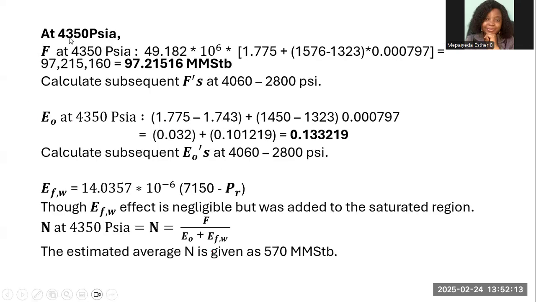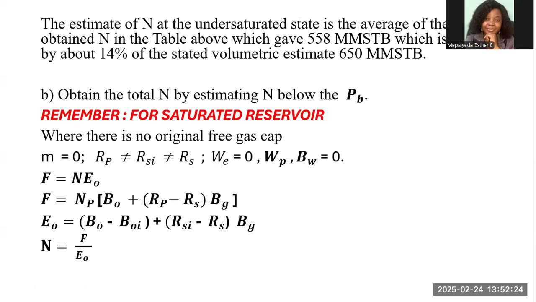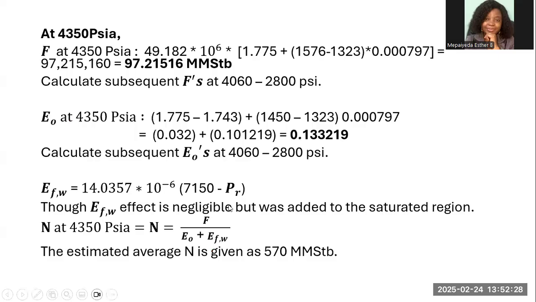So we take the pressures at 4350, the F estimated at 4350. You have this equation, NP into BO plus RP minus RS BG. Okay, so this was solved. This is NP, multiplied by the BG. Okay, so you have 97.2156 mmStB.